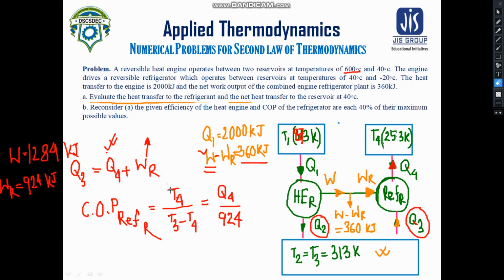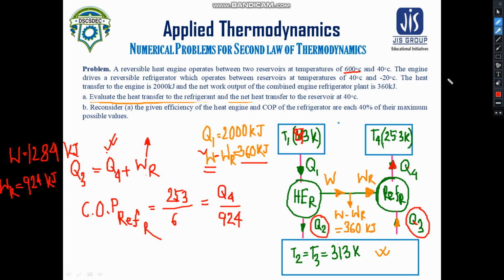You know the T4, right? T4 is, very sorry, it will be 253, and the difference between T3 and T4 would be 313 minus 253. I'm sorry again, it will be 60. Pardon my miscalculations.